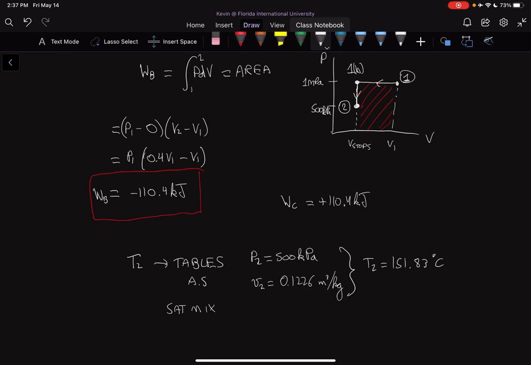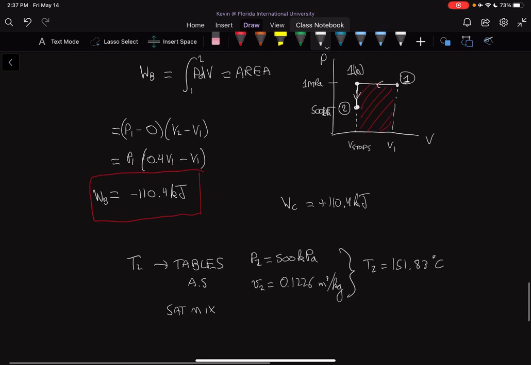And that concludes our first big example for this chapter, looking at how we can find work boundary for 3 different states. And this problem is actually pretty complicated because we have stops involved in it, and we see that in part B we actually had 2 steps from 1 to 1B and then 1B to 2.